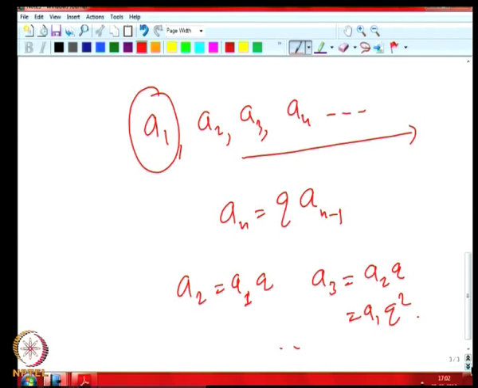Of course these are sequences given with that property, but many times in combinatorial problems we can identify such a sequence occurring.